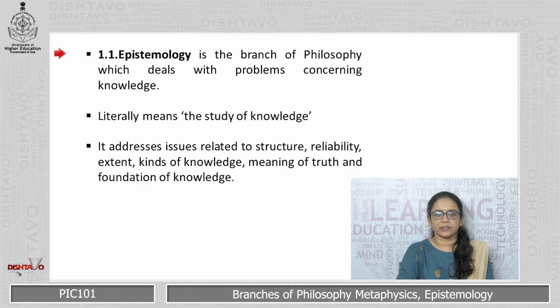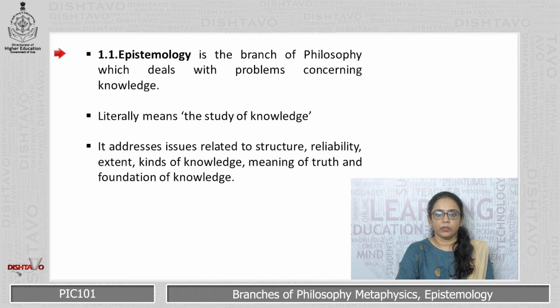It addresses issues related to structure, reliability, that is, how much knowledge is reliable, extent, to what extent we can achieve knowledge, and kinds of knowledge. This is another issue which talks about the different types of knowledge a person can achieve or possess.